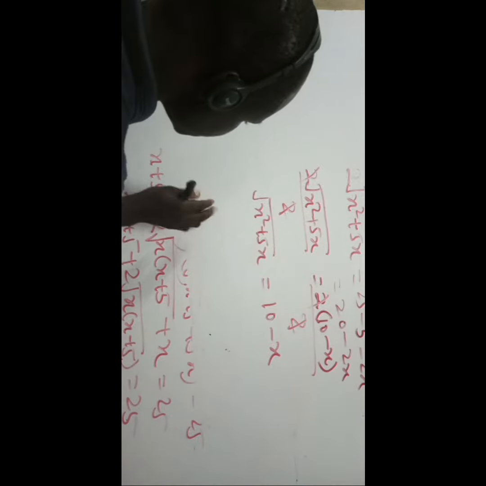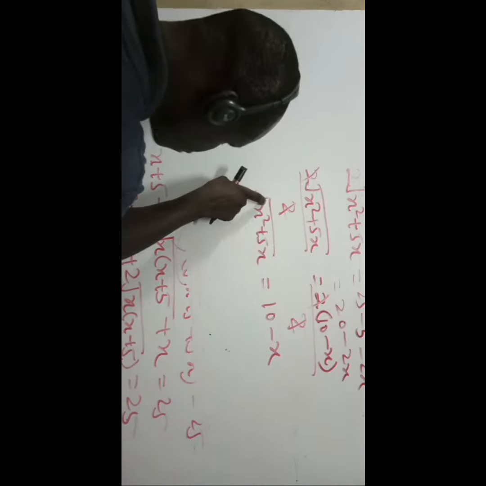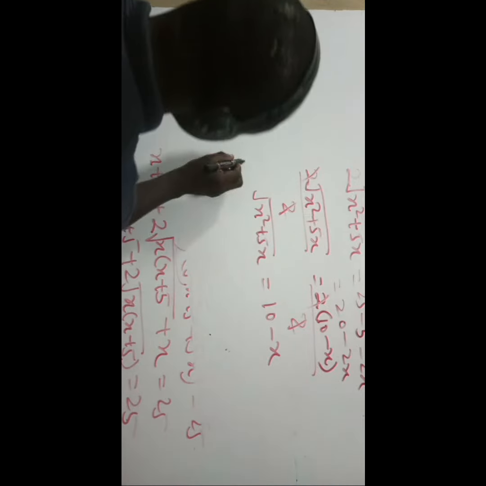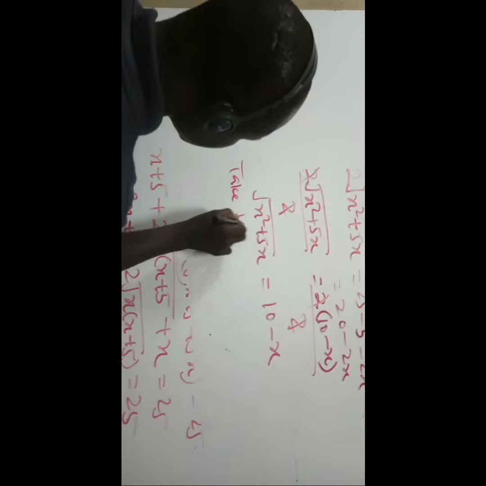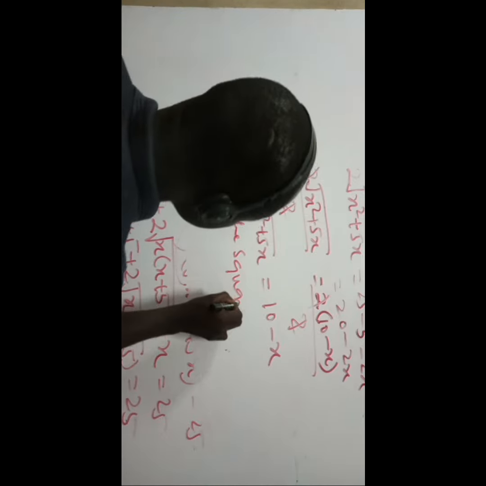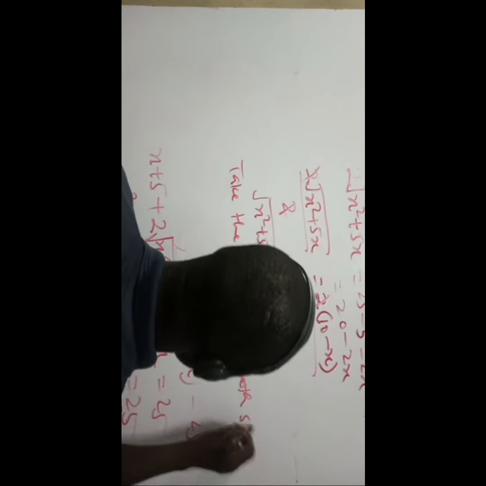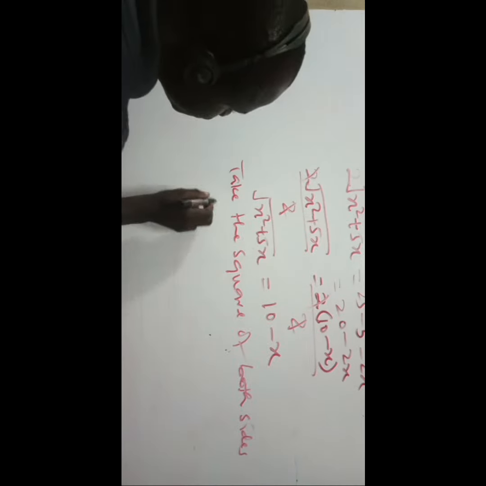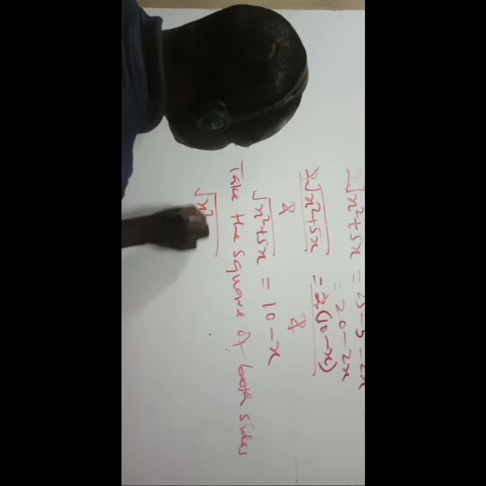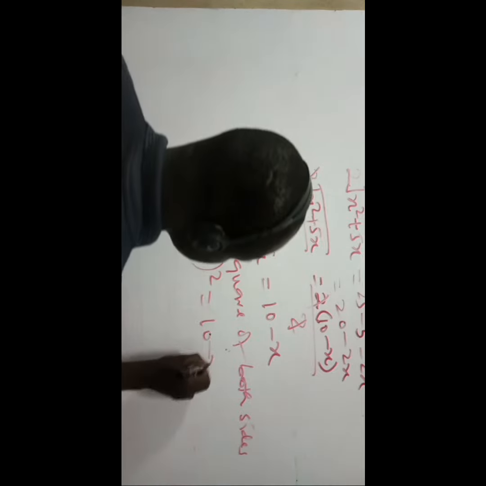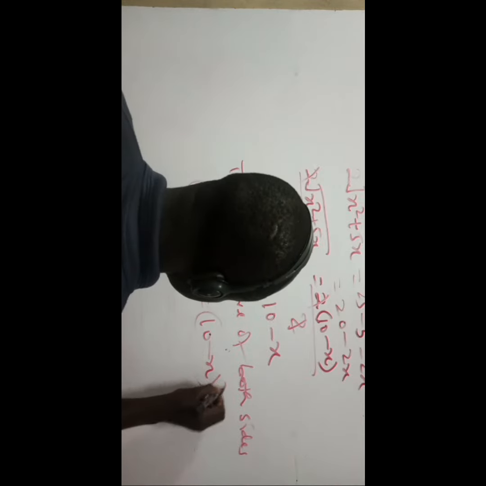So at this point now, for me to be able to remove this square root, I'm going to take the square of both sides. So if I do that, I'm going to have square root of x squared plus 5x, all squared, to be equal to 10 minus x all squared.